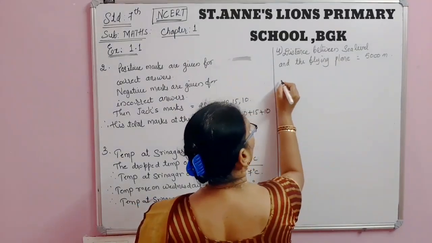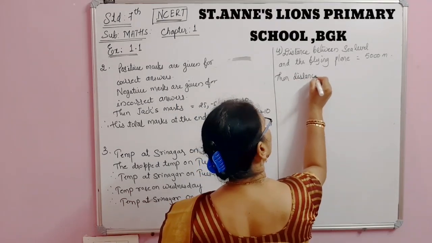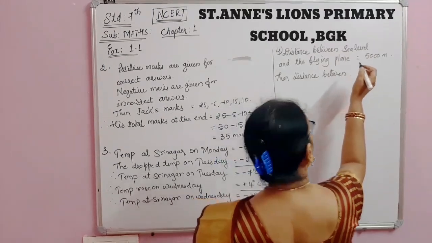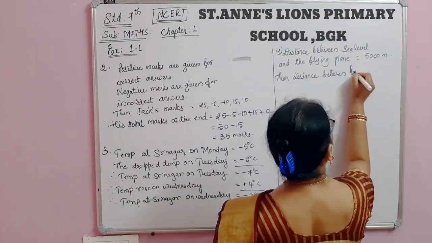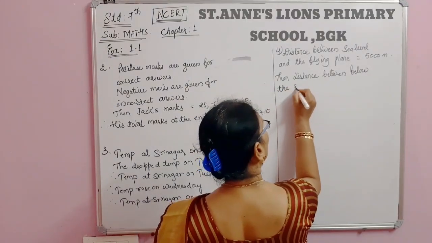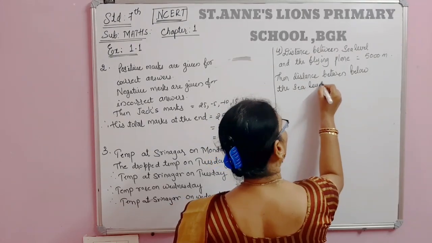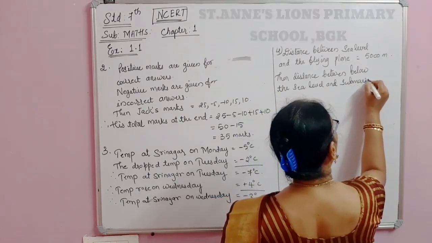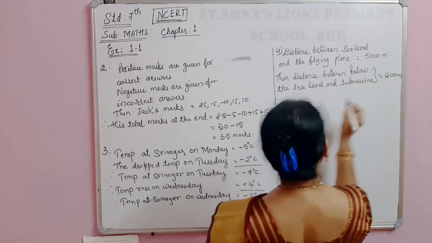Then the distance between the sea level and the submarine below it is equal to 1200 meters.